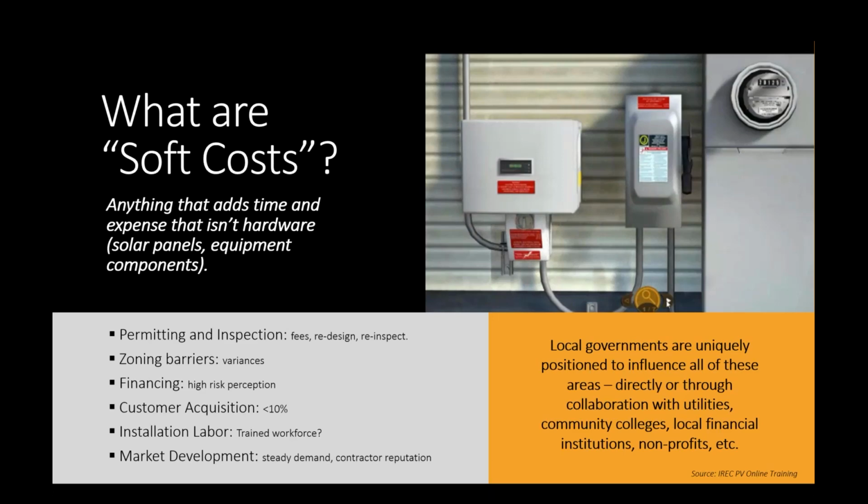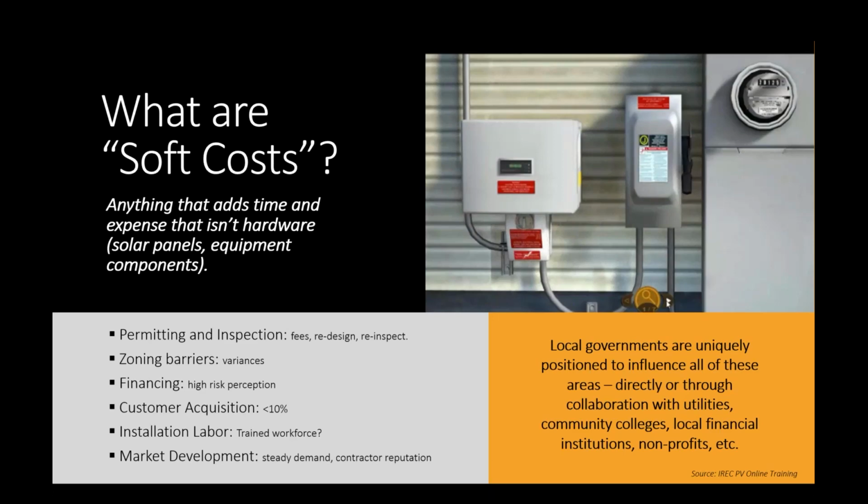Those are hard costs. Soft costs are what we have some examples of on the slide right here. For permitting and inspection, we have the cost and the time involved in these processes. There could also be zoning barriers to deploying solar energy on a home or business. That could take time and money to overcome and resolve. Many residents will want to access financing for a solar investment, another source of time and expense, and sometimes frustration as well.